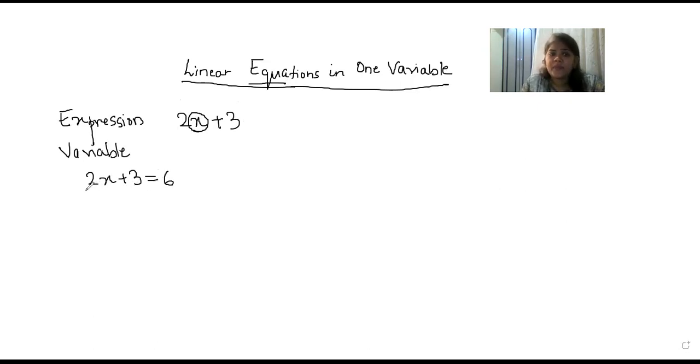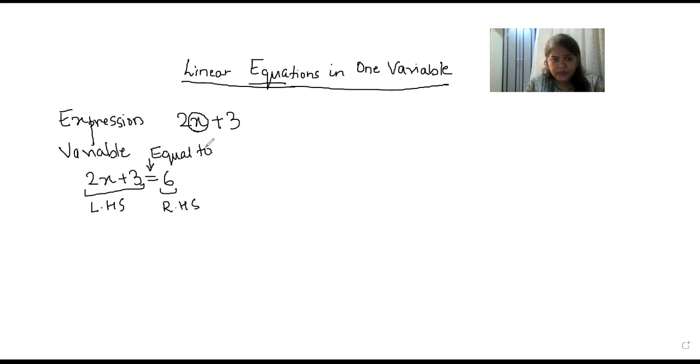So, when I am equating this to some number or something else, it becomes an equation. This side of an equation is called the left-hand side, and the right side of the equation is called the right-hand side. And obviously, it needs to have an equal to sign.